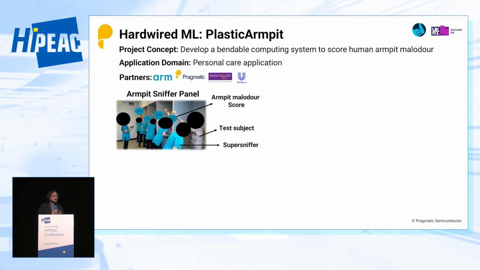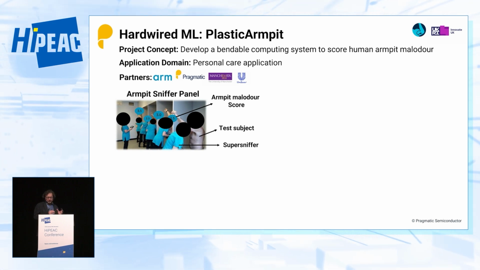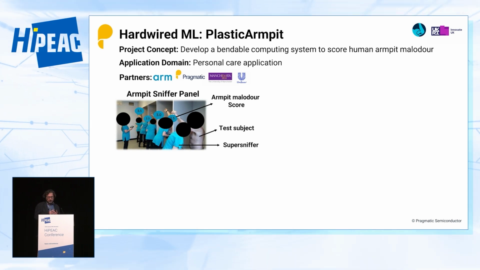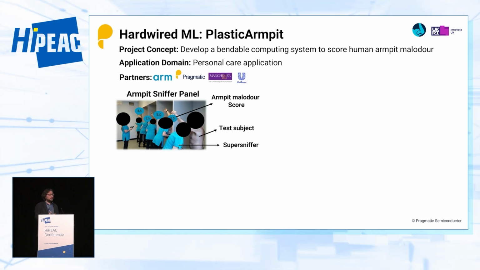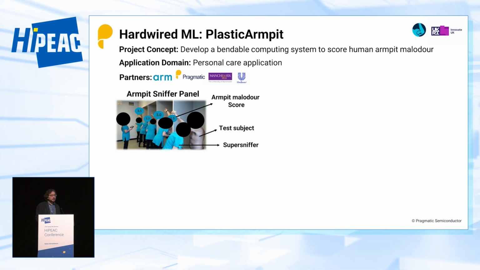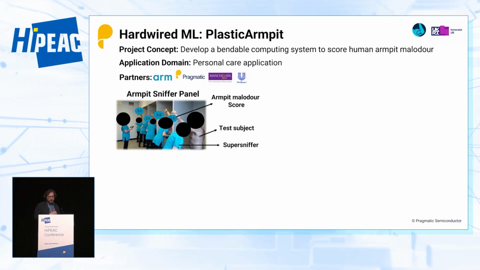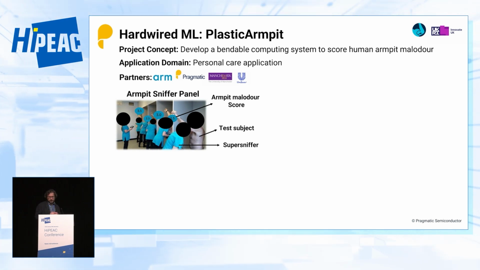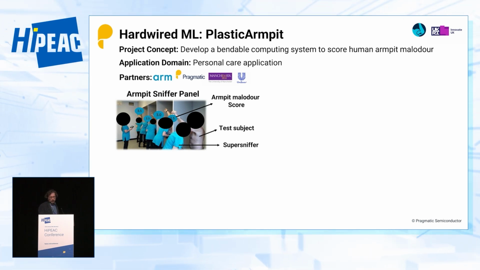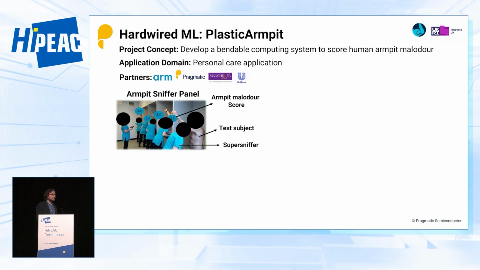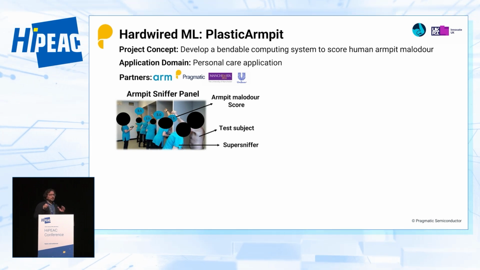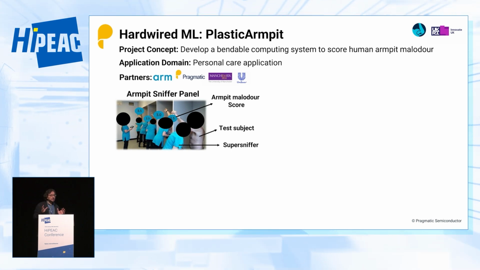For Unilever, it's very important to understand the correlation between the consumer perception and the human armpit malodor, so that they can measure this correlation and improve their new deodorant products. So they organize these armpit sniffer panels. On their payroll they have human beings called super sniffers.